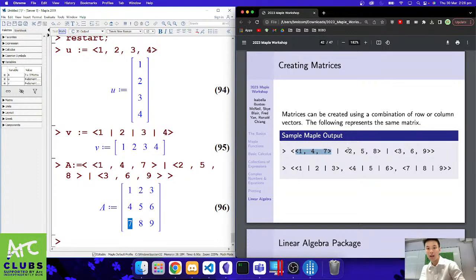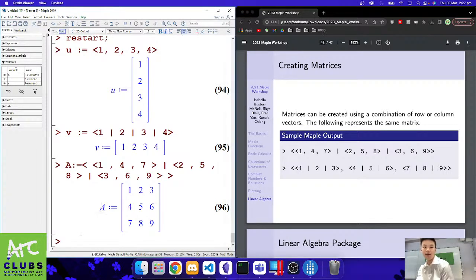Okay. The second element, this column vector, represents the second column, and the third vector, 369, represents the third column. And again, we can separate columns using these vertical bars. Okay. So this is the case where we have columns of column vectors.